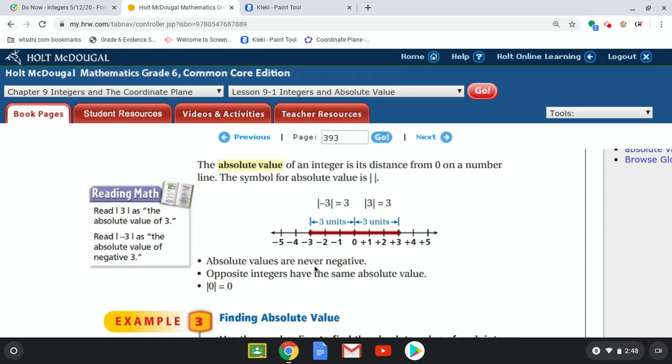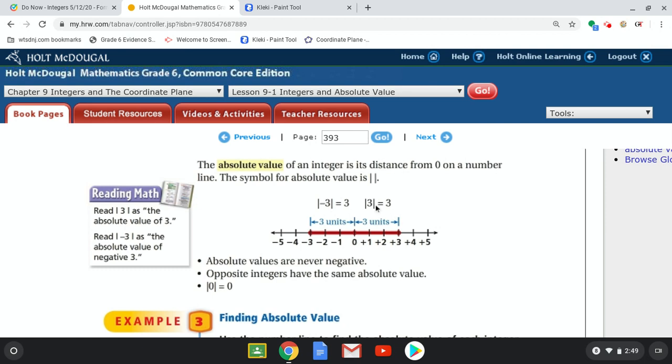Well, if you think about it, negative 3, how far is that from 0 on a number line? If you were to count the hops, 1, 2, 3. So it's 3 units, or a distance of 3 from 0. One thing to remember: absolute value is never negative. It's always going to be a positive number.